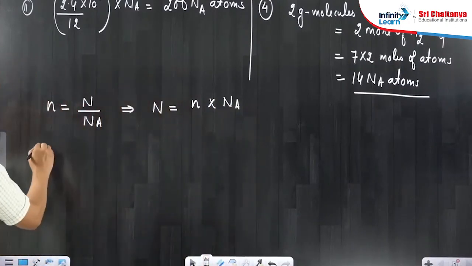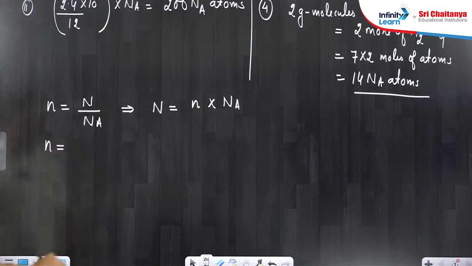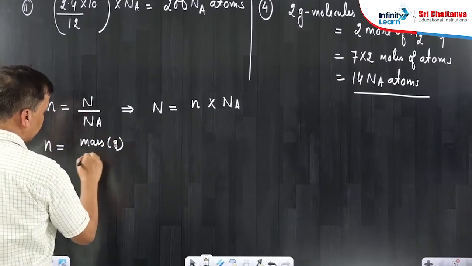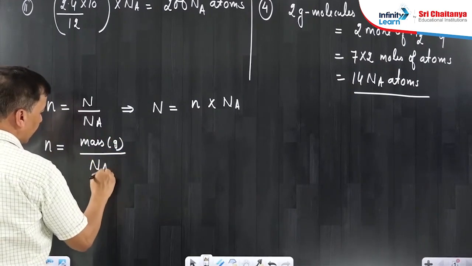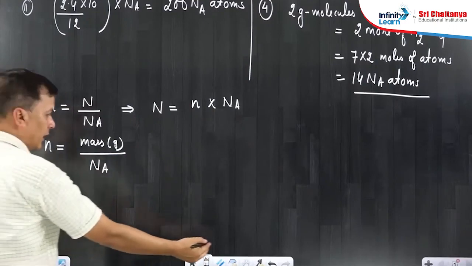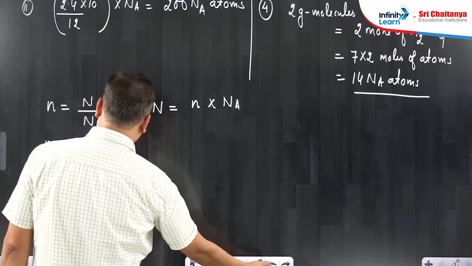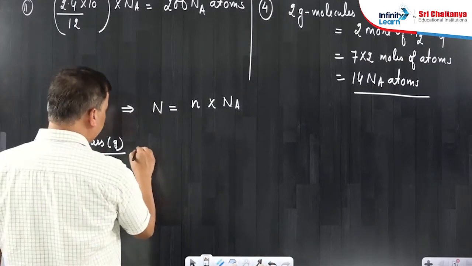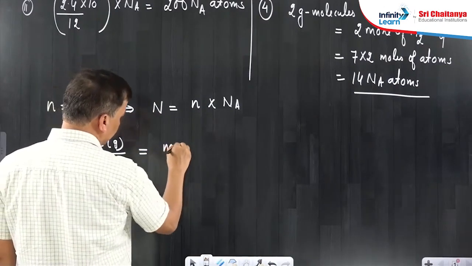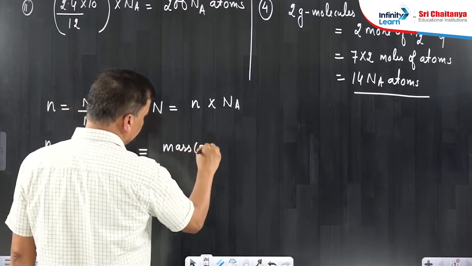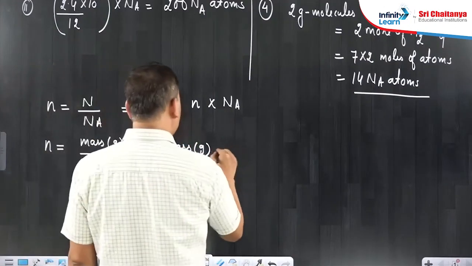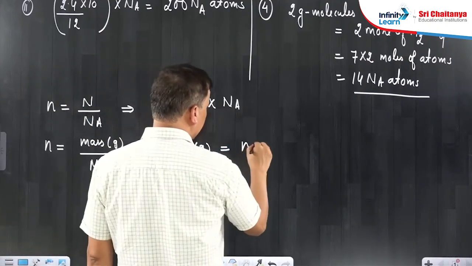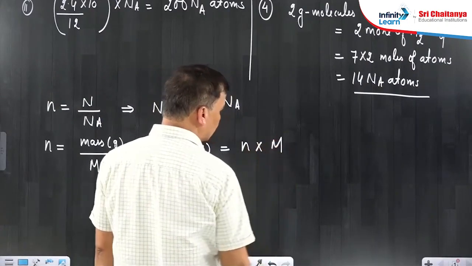And the number of moles, these two formulas we have, is equal to mass in grams divided by molar mass, M. So from here, mass in grams is equal to number of moles into molar mass.